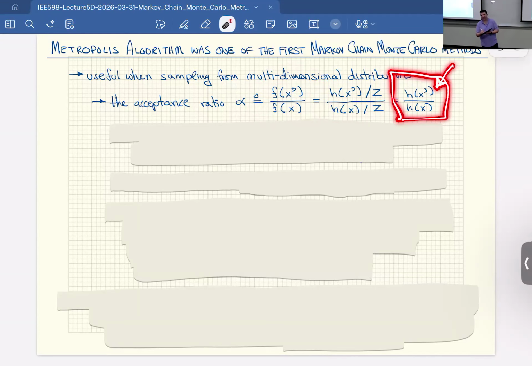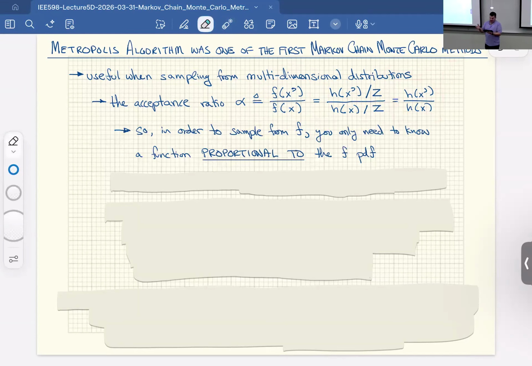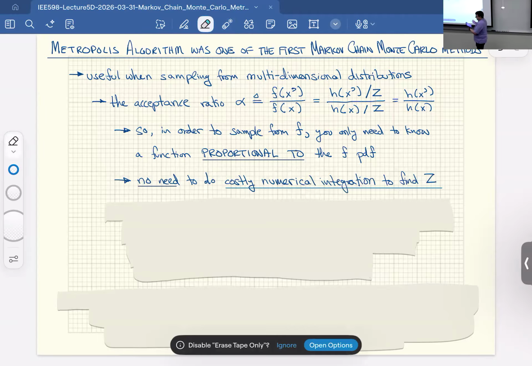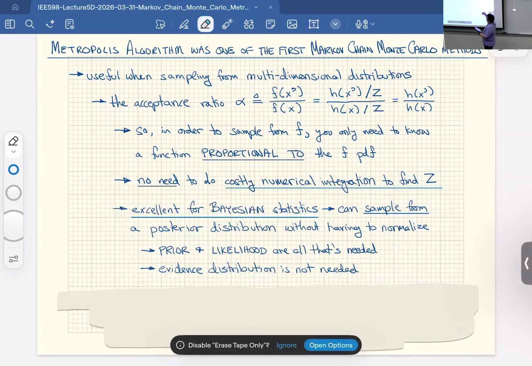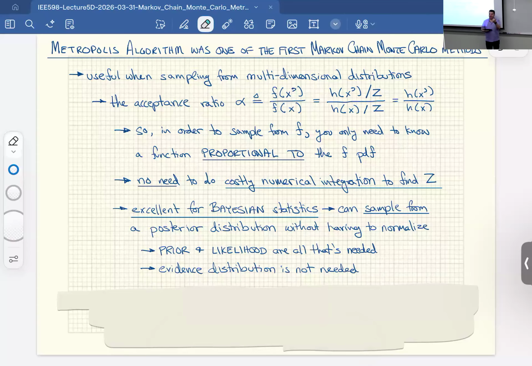So this became really helpful because for Bayesian statistics, you have a prior distribution on information, on something you're trying to estimate, and then you have some likelihood function that says, given that I've observed this data, what's the probability that my parameter is in a certain range?